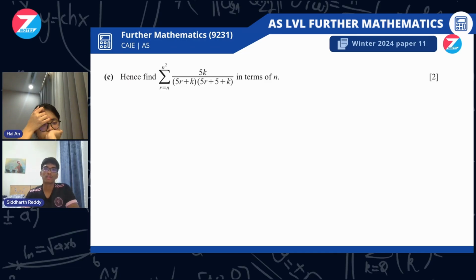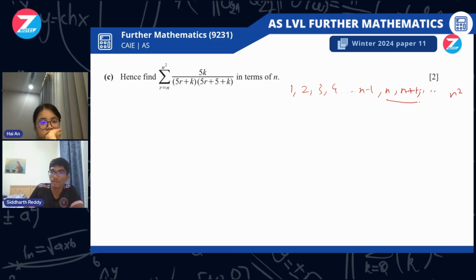Okay, hence find the sum from n to n square in terms of n. So what you want to notice is that, for example, 1, 2, 3, 4, until n minus 1, n, n plus 1, till n square. So the sum from n to n square is just equal to this whole sum from 1 to n square minus the sum from 1 to n minus 1.